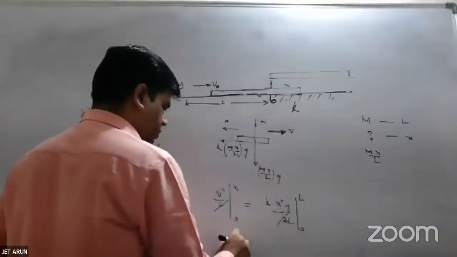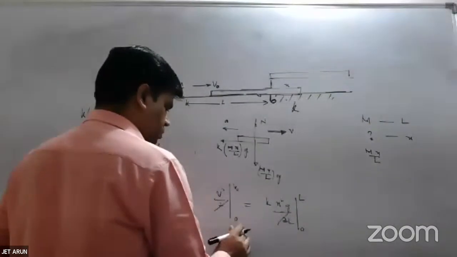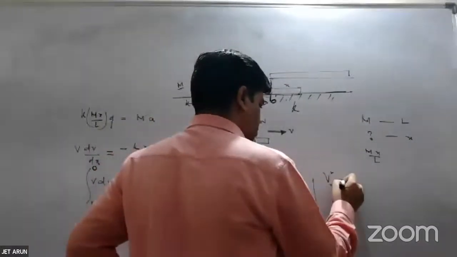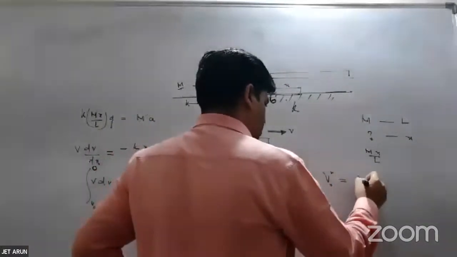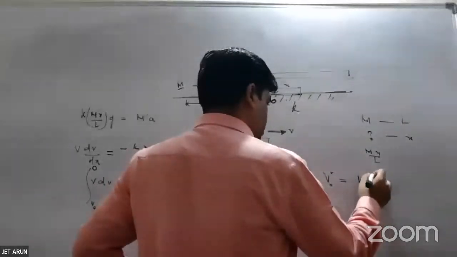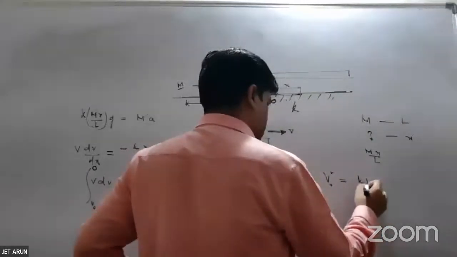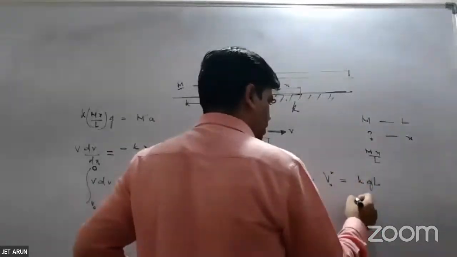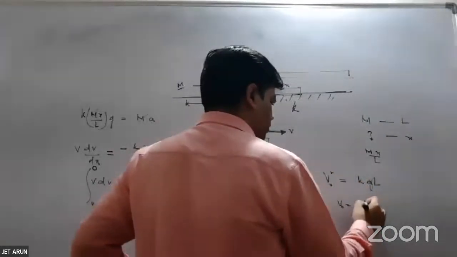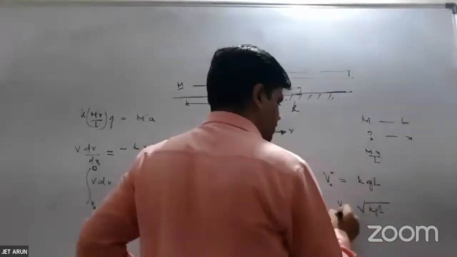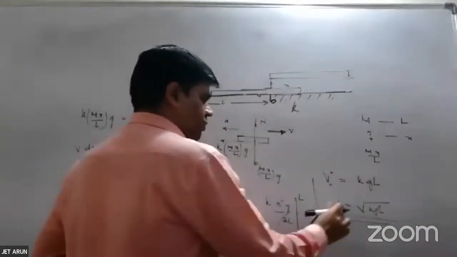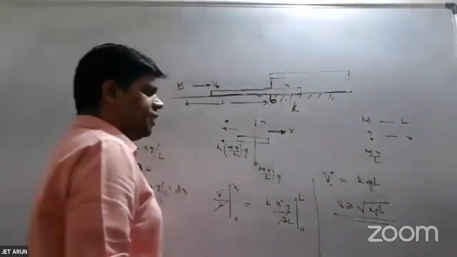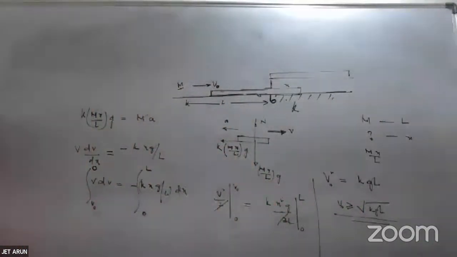I'll have v0 square is equal to mu g L. So v0 is equal to root of mu g L. So if velocity is greater than or equal to this one, this rod will definitely enter into the frictional surface.